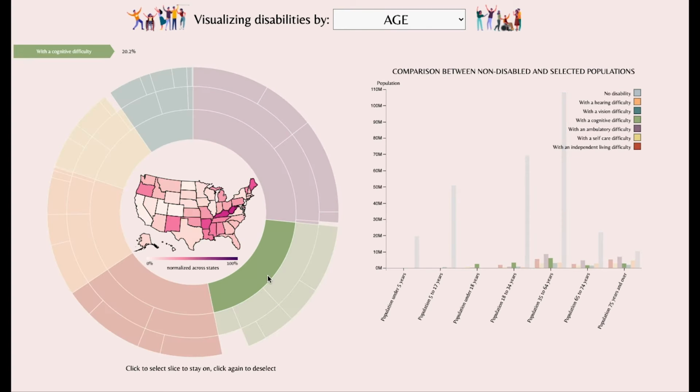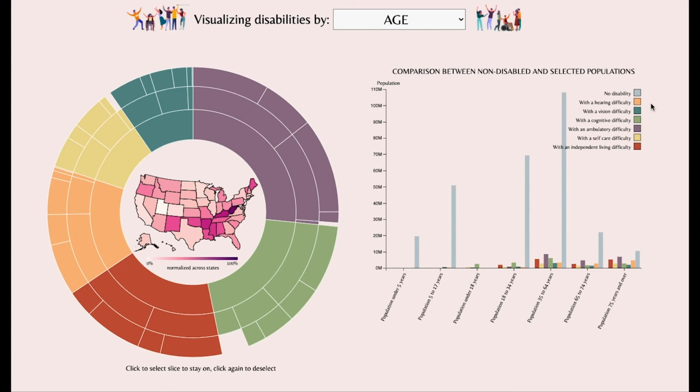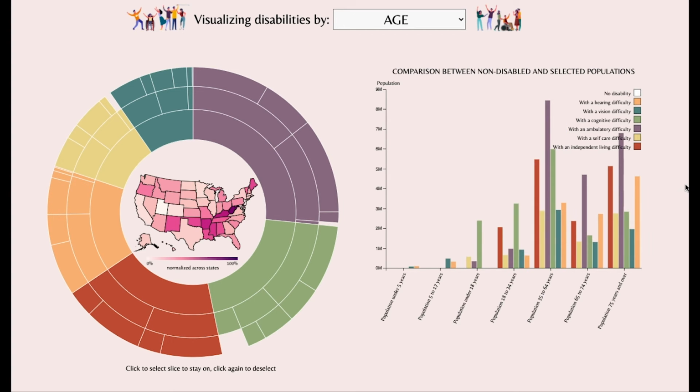By clicking on a specific disability on the sunburst, the color of the corresponding data of that disability on the bar graph is accentuated. The bar graph allows easier visual comparisons across different age groups as compared to the sunburst. From here, you can tell that the number of people with ambulatory difficulty peaked at the age of 35 to 64.